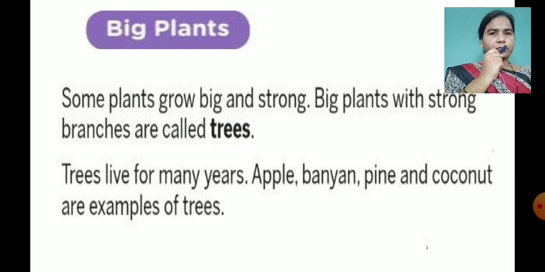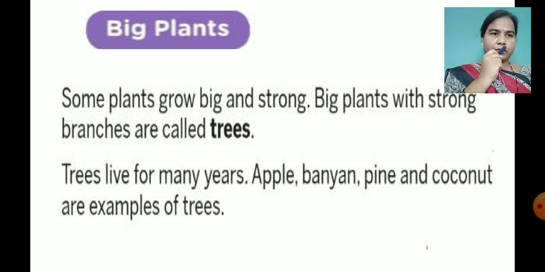So children, some plants grow big and strong. Big plants with strong branches are called trees. So what is meant by trees, children?